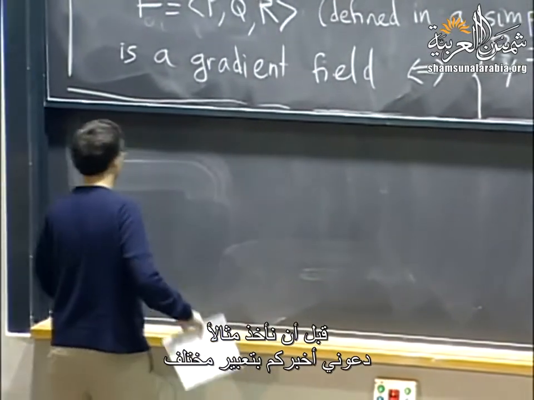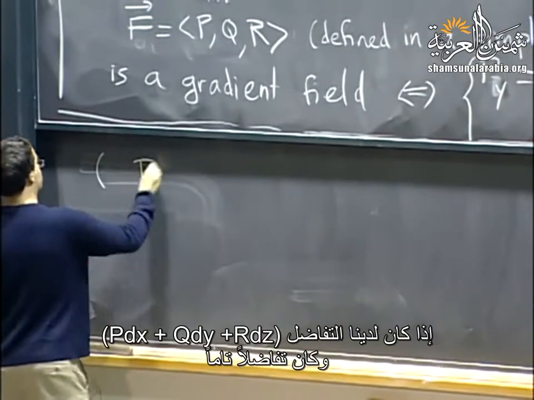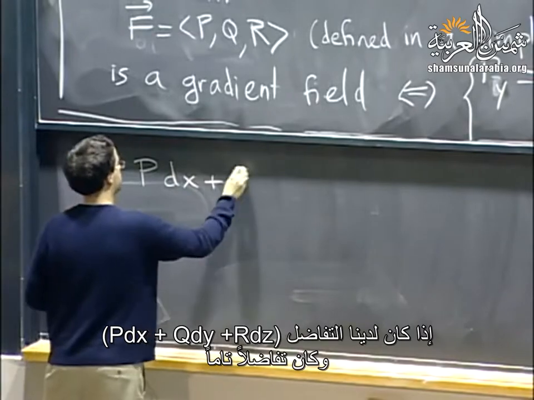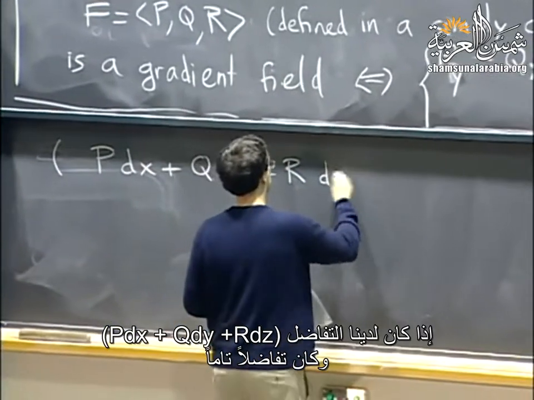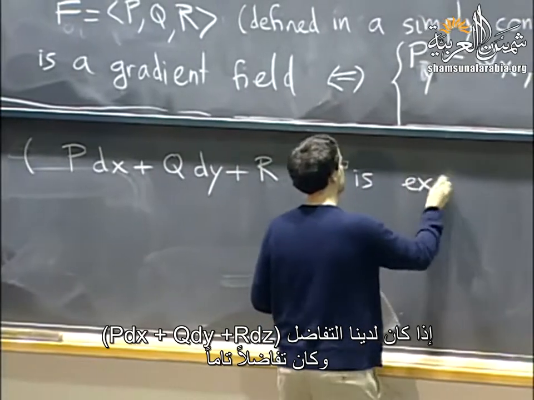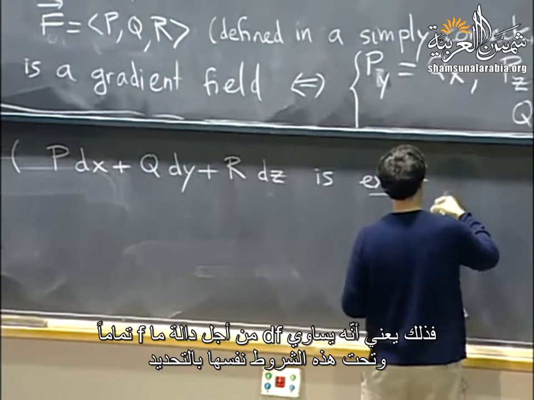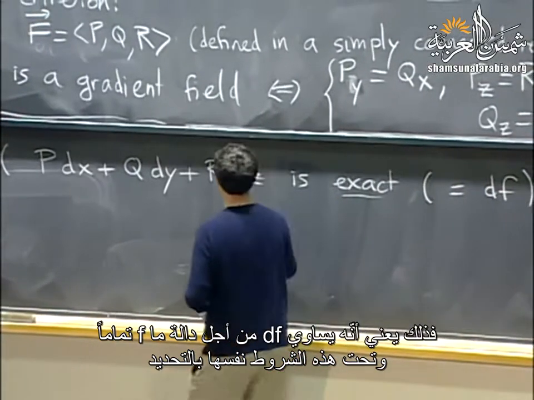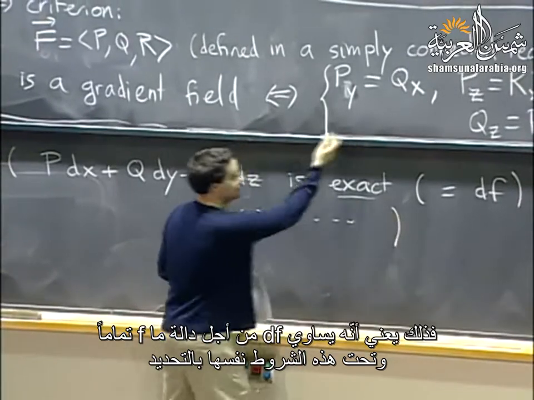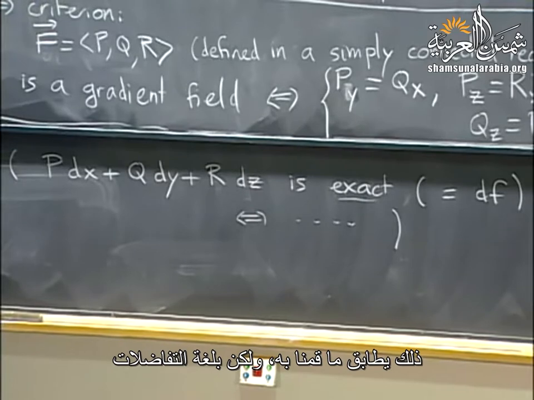So before I do the example, let me just say in a different language, if we have a differential given to us of the form p dx plus q dy plus r dz, it is going to be an exact differential, which means it's equal to df for some function f, exactly under the same conditions. That's the same thing, just in the language of differentials.